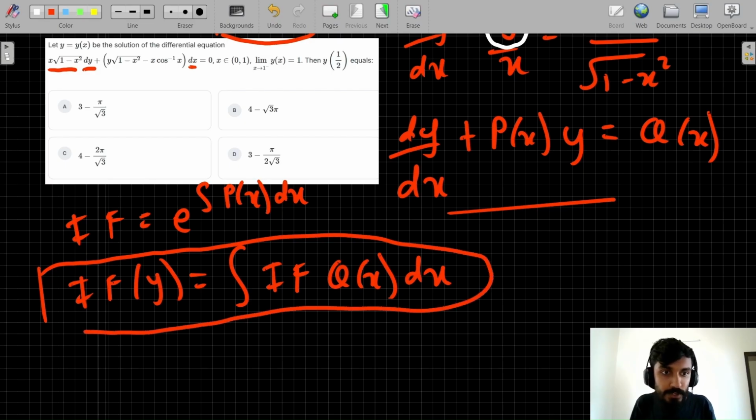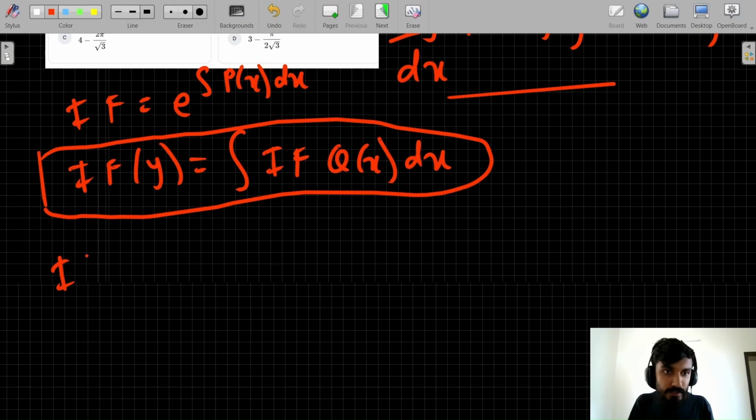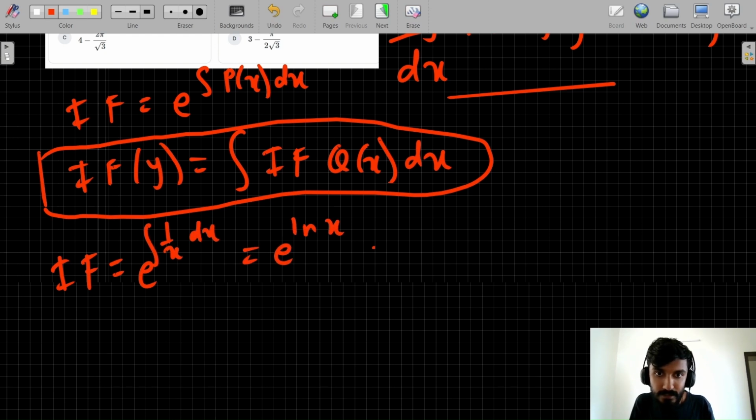Usually in JEE Mains, solving for the integrating factor is quite easy, but then solving this integral on the RHS is usually quite hard. So as you can observe here, what is the integrating factor? I'm solving only this question in depth. Remaining all questions on LDE, I'm solving much faster. E power integral of 1 by x dx, which is e power ln x, which is x, right?